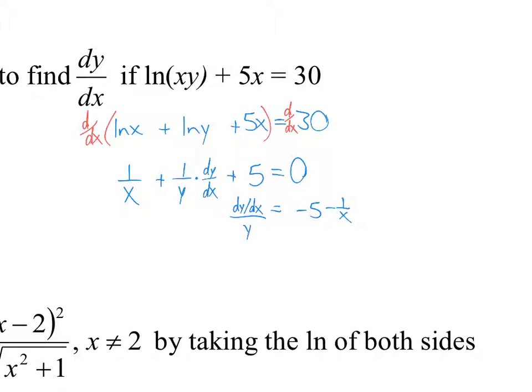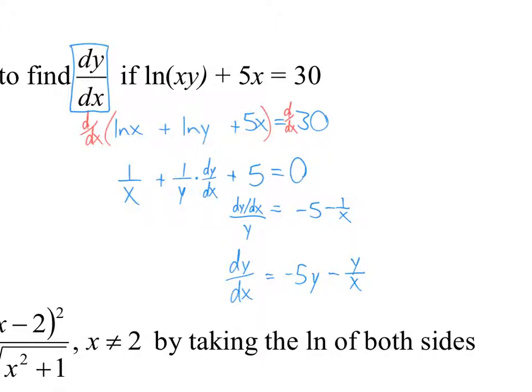I multiply both sides by the y, and I've got dy dx equals negative 5y minus y over x. I just took the derivative of both sides because, again, our goal here was to find dy dx. So you take the derivative on both sides and then solve it for the dy dx.